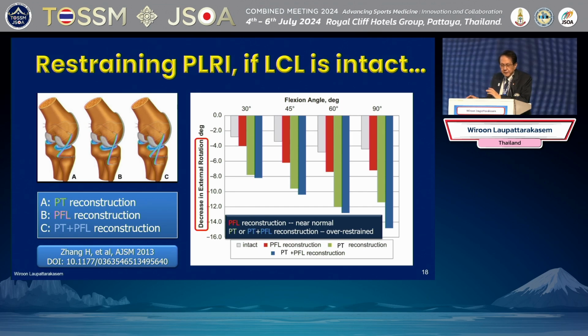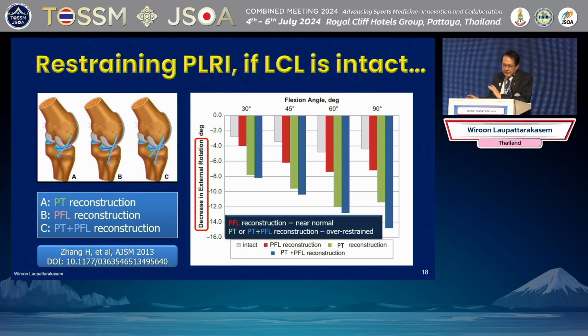And there has been some investigation about this, comparing tibial-based PLC and fibular-based PLC.